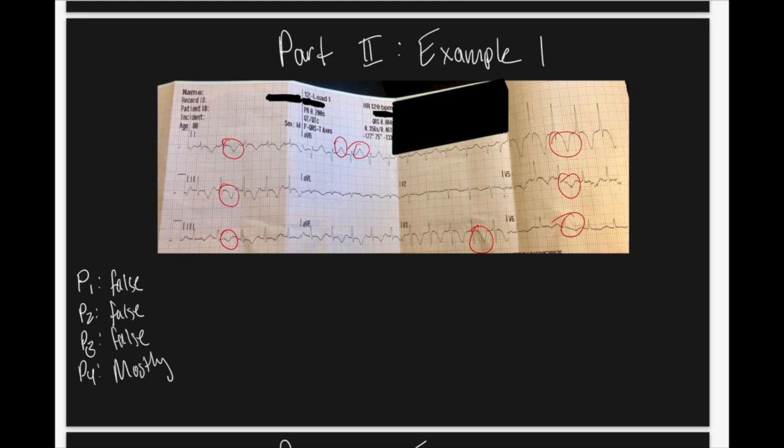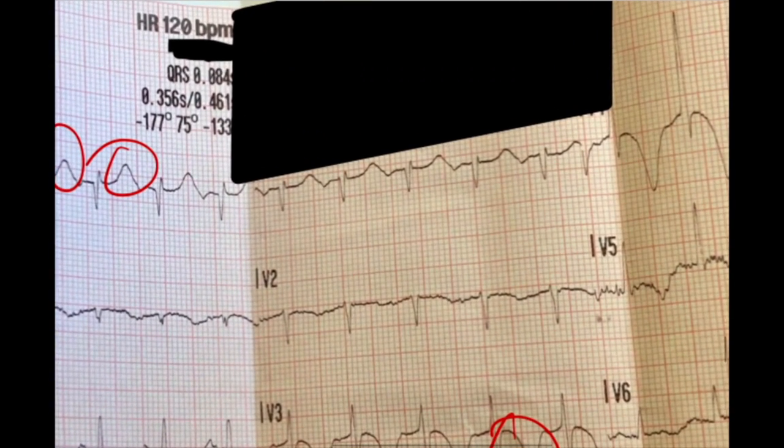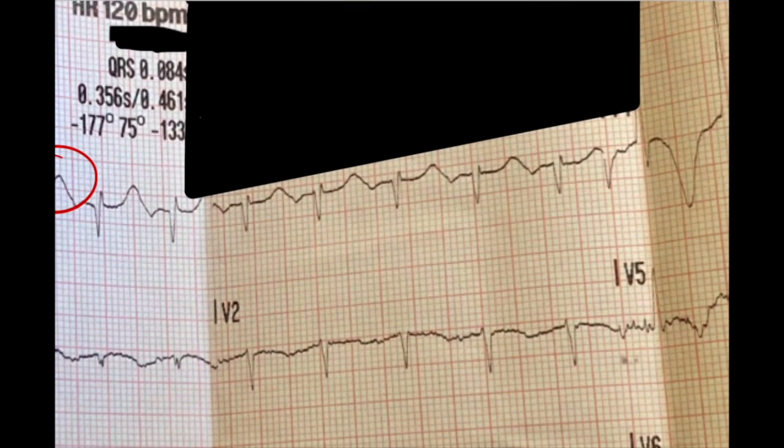That last pattern is that we don't have any major Q waves, and that mostly holds up as well. We see that initially these waves in V1 might look like Q waves, but we notice that we have tiny positive deflections. So these are really R, S, R prime complexes more than they are Q waves.